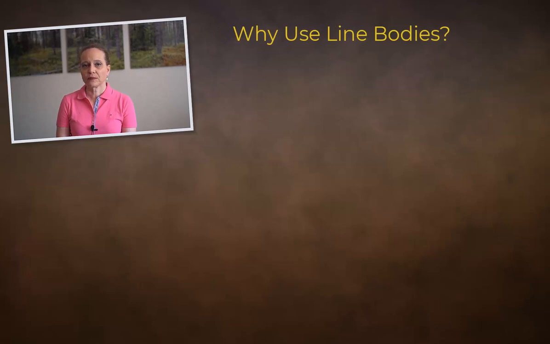Now, another common question asked is why one should use line bodies. The line body offers us several distinct advantages compared to solid or surface bodies. A point that we should remember is that when using a solid element, it's ideal to have an aspect ratio close to 1, although higher aspect ratios can be tolerated and still yield useful results.